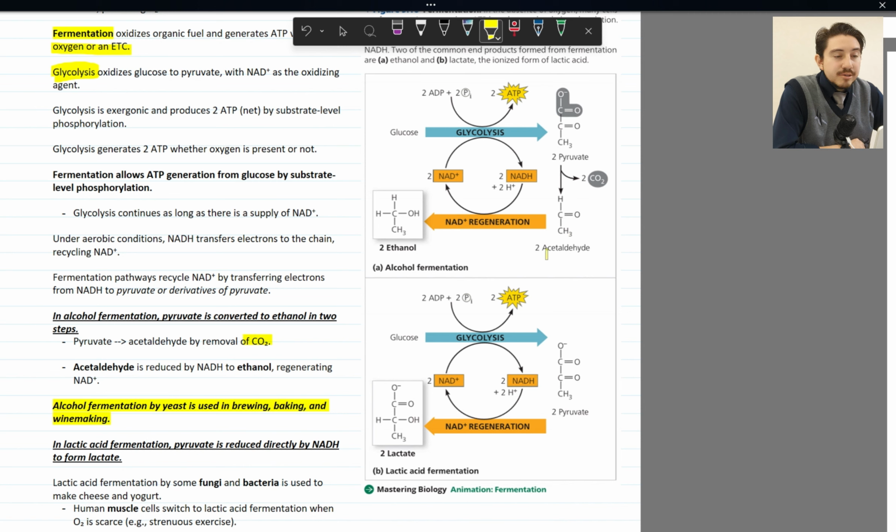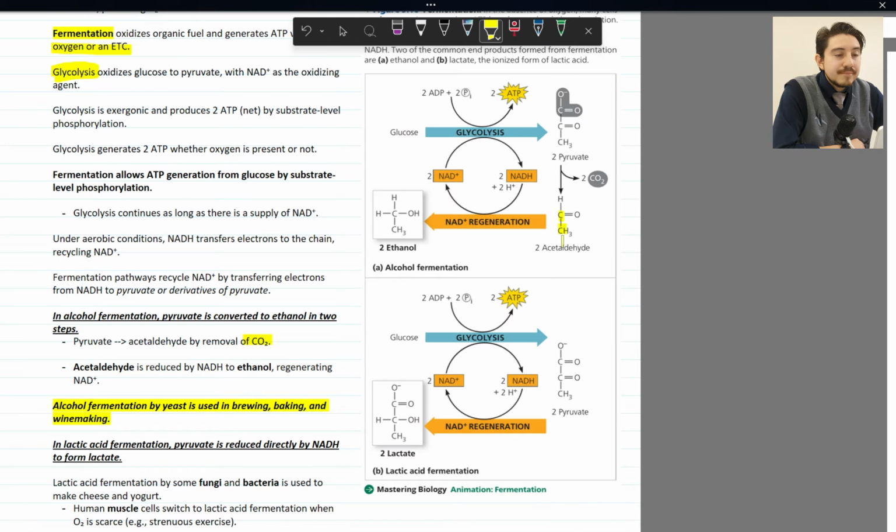This pyruvate will be converted into 2 acetaldehyde. Remember, you have 2 molecules because you're working twice. One molecule of carbon dioxide will be created, so you're losing a carbon per molecule of pyruvate. So here's 2 and 2, a 2-carbon compound.